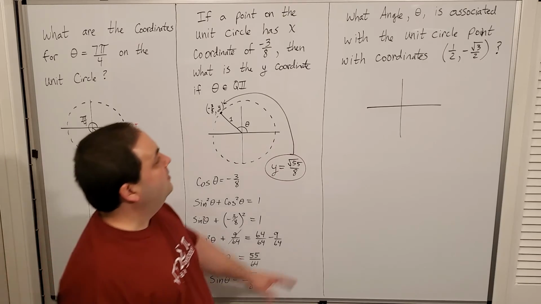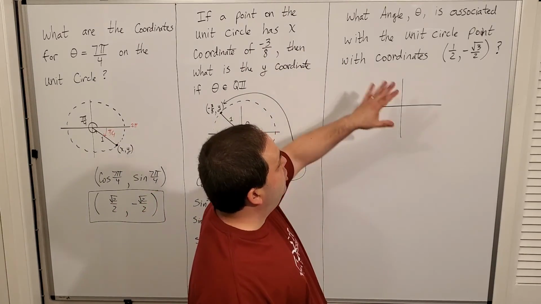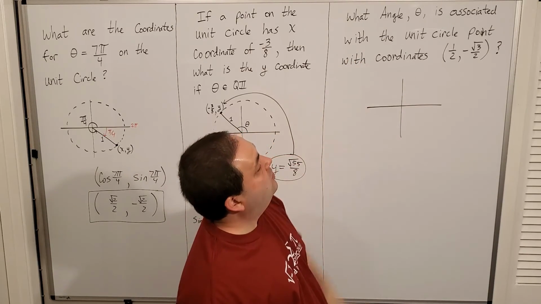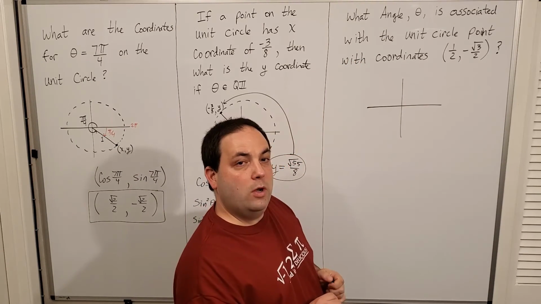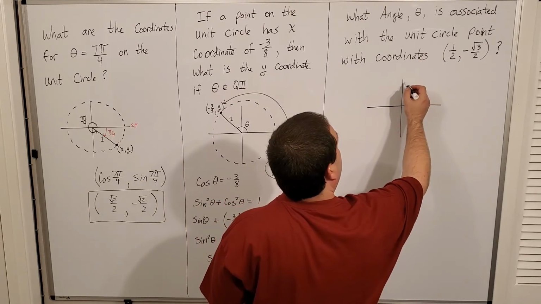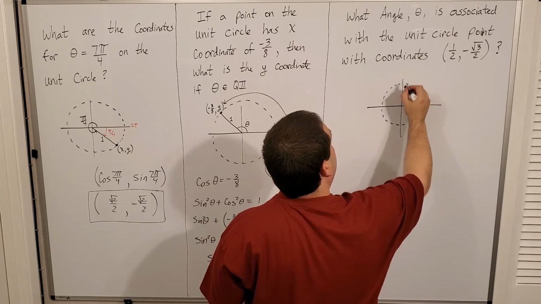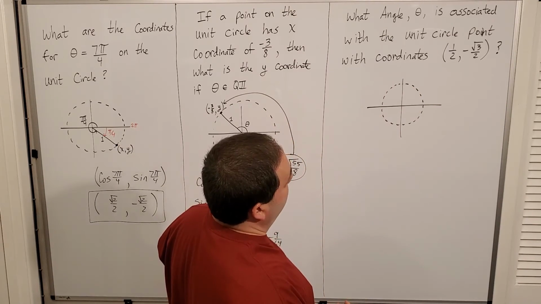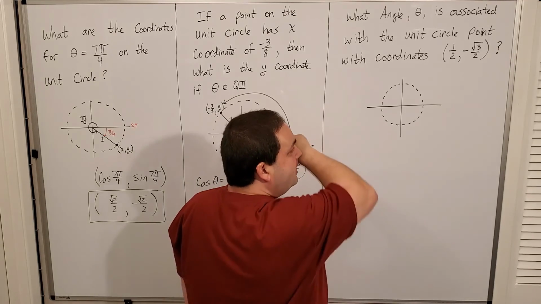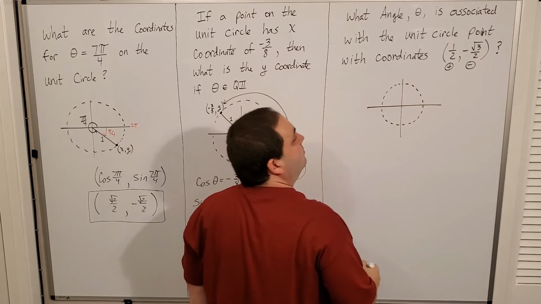All right. What angle is associated with the point on the unit circle that has coordinates 1/2 and negative square root of 3/2? Okay, so I've got the unit circle here, maybe, if I can draw it good. The unit circle there, and I'm noticing that my x is positive and my y is negative.